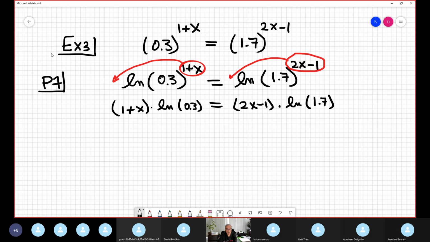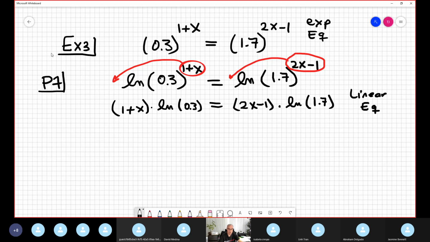This is a linear equation now. Look, this is an exponential equation. And this is no exponential equation anymore. This is linear. This is the beauty of mathematics. Apply this operator or that function, and magically we convert an exponential equation to a linear equation. And the rest is easy, similar to intermediate algebra.